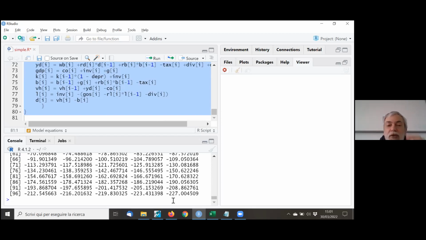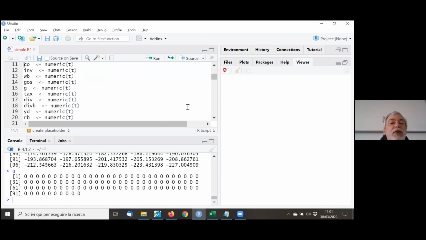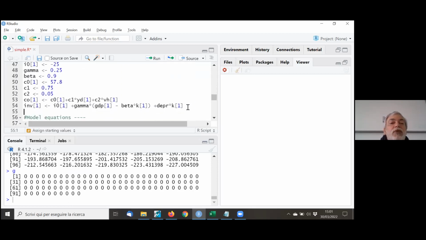K goes very negative. But G is 0. Is G equal to 0? There's no doubt everything goes negative if G is 0. We did not give a value to G.